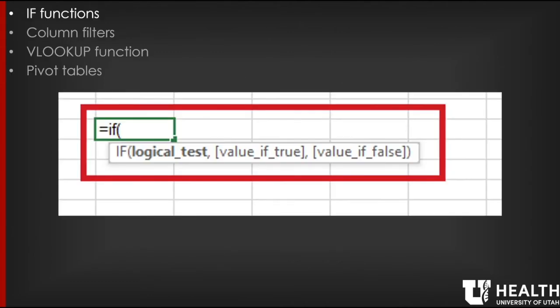So IF functions, these are critical in terms of using the data that you're given in the database and creating the variables that you're going to subsequently use in your analysis. So you can see here in this screenshot, this is what will show up in Excel once you start the IF function. You put in an equal sign, you type IF, and then it shows up in here. You can see right now bold is the logical test. So to do this function correctly, you then do the logical test.